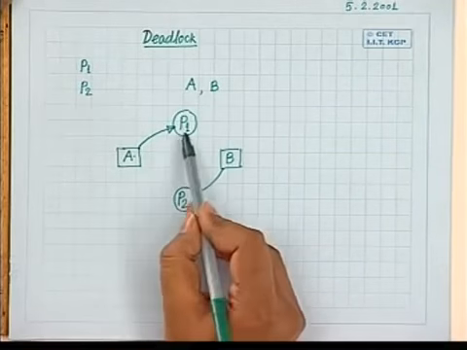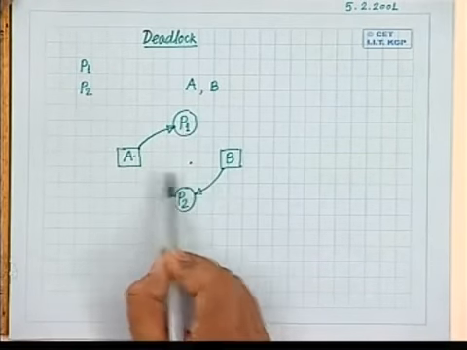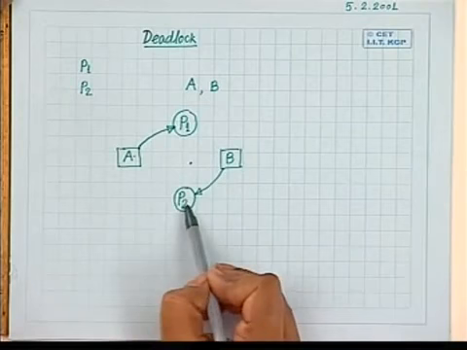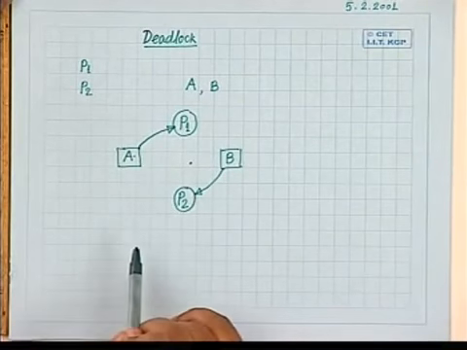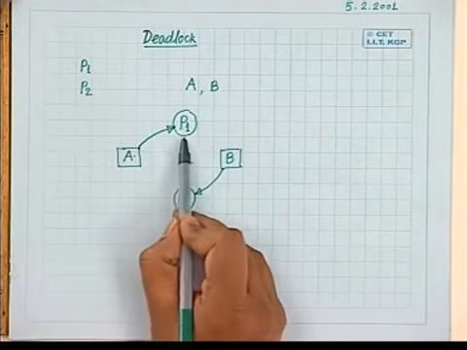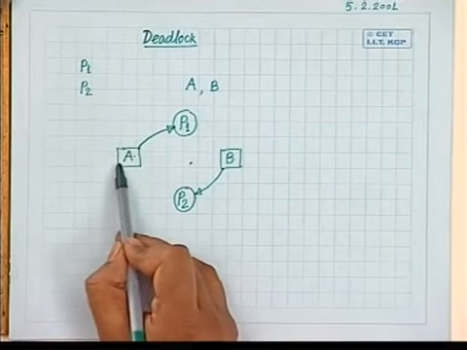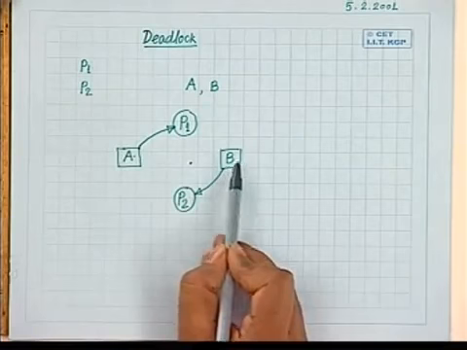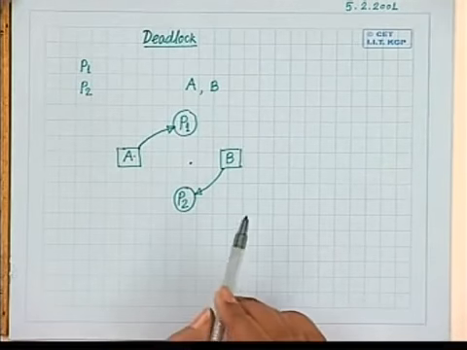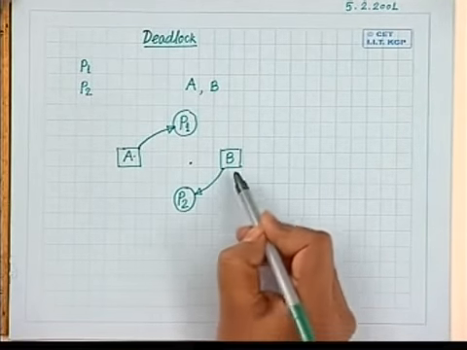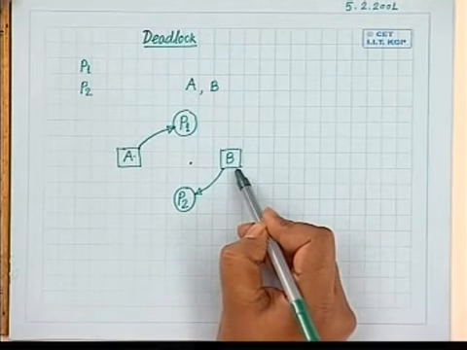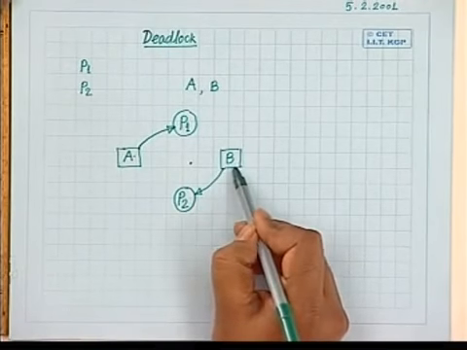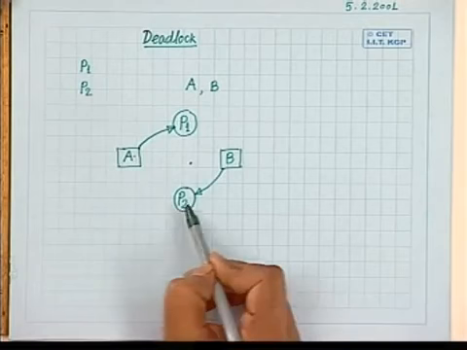And we have also said that P1 will require both the resources for its completion, P2 will also require both the resources for its completion. And P1, once it has acquired resource A, will not release resource A until and unless it gets B and its job is complete. Similarly, P2, though it has acquired resource B, will not release B until and unless it gets A and its job is complete.